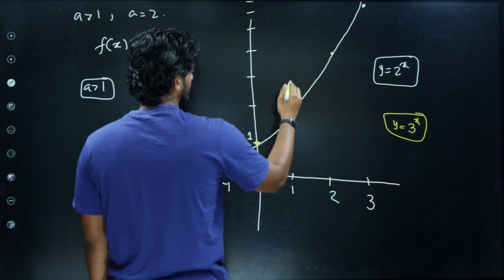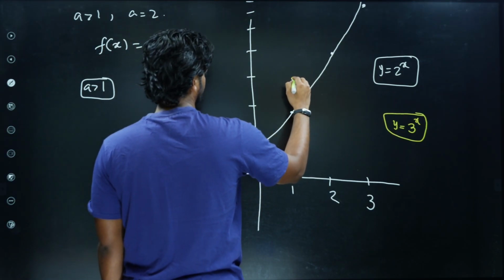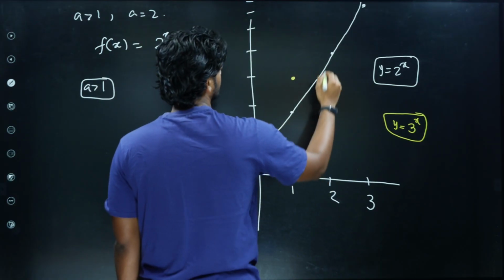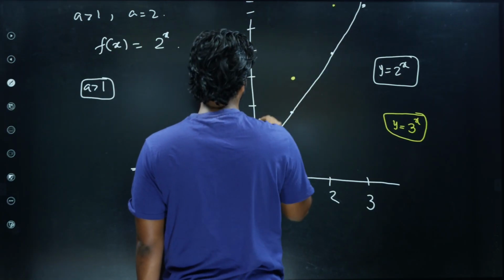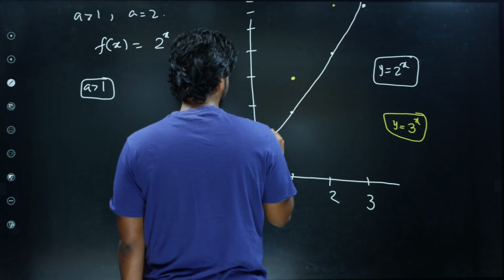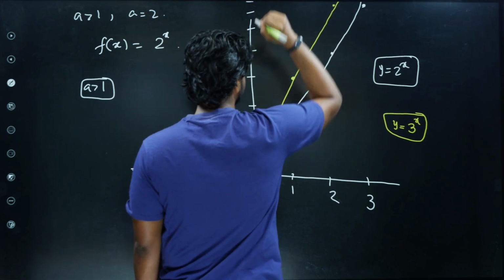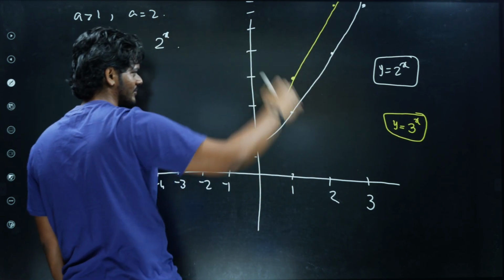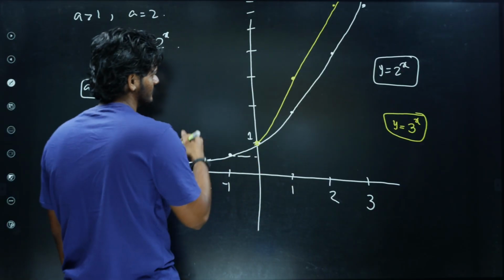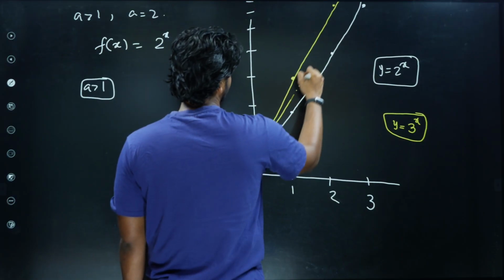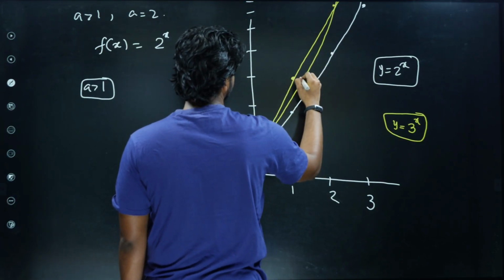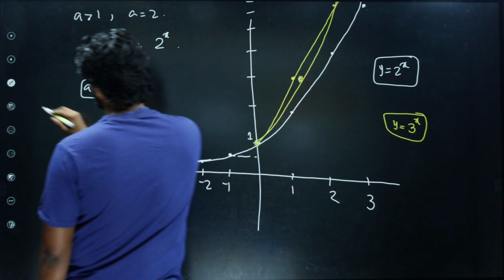And at 1 it will be 3, at 2 it will be 9, which will be above whatever that was. So immediately it is way more steeper than this one. Of course it will be a little bit curvy, it's my bad, probably something like this, right?